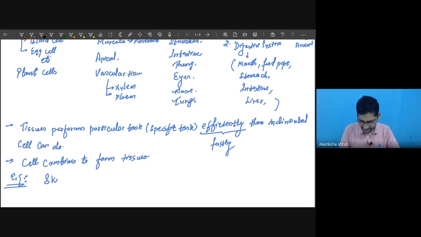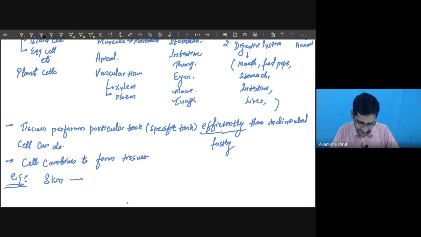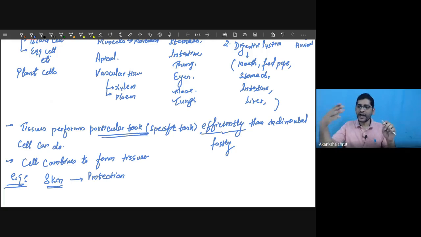Skin is a tissue, and what is the task performed? The particular task performed by skin is protection from the external environment. Protection means foreign material doesn't enter our body. Like you put your hand in the water and water does not enter your body. Why? Because the skin on our surface is avoiding it.